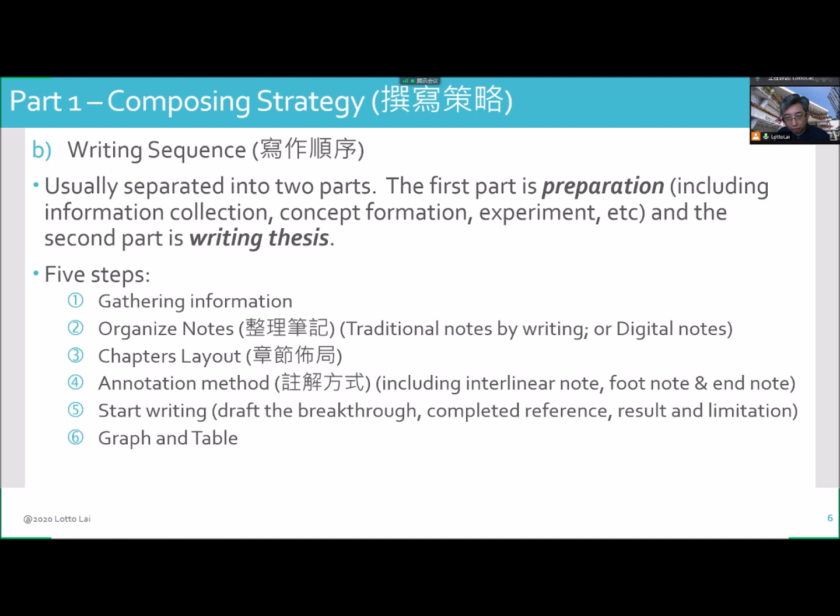Third, chapter layout. You have the layout of the different chapters, and you need to plan before you write. Fourth, annotation method: interlinked notes, footnotes, or endnotes. Fifth, start writing: draft the breakthrough, complete referencing, results and limitations. Graphs and tables you also need to consider.